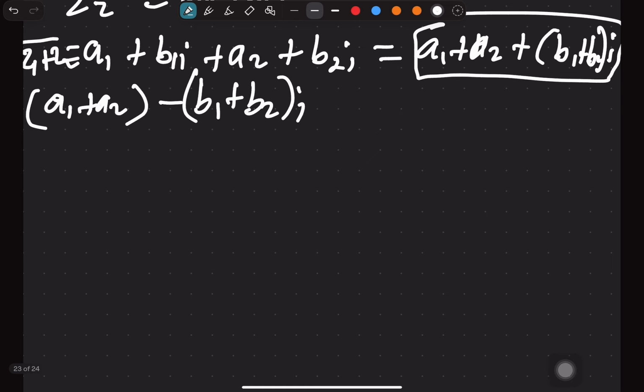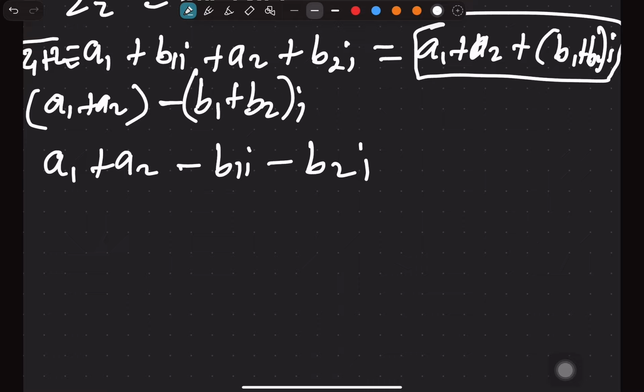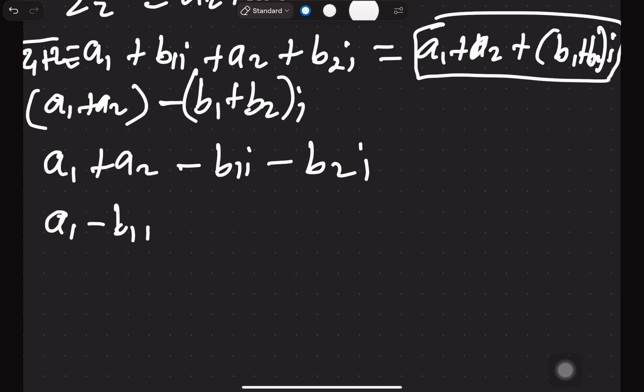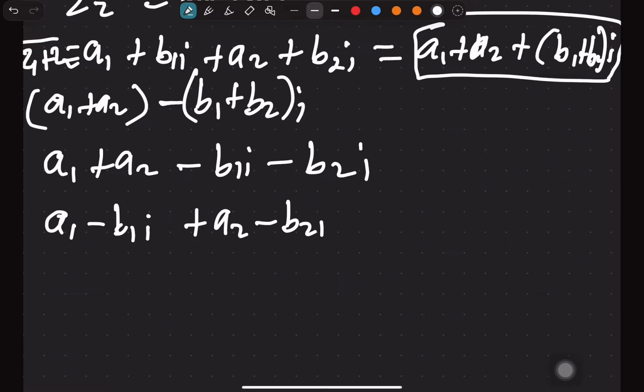Now let's expand this to verify our identity. So we have a1 plus a2, then minus b1i minus b2i. Let's group the 1 terms and then the 2 terms. So we have a1 minus b1i plus a2 minus b2i. Now what is each of these?